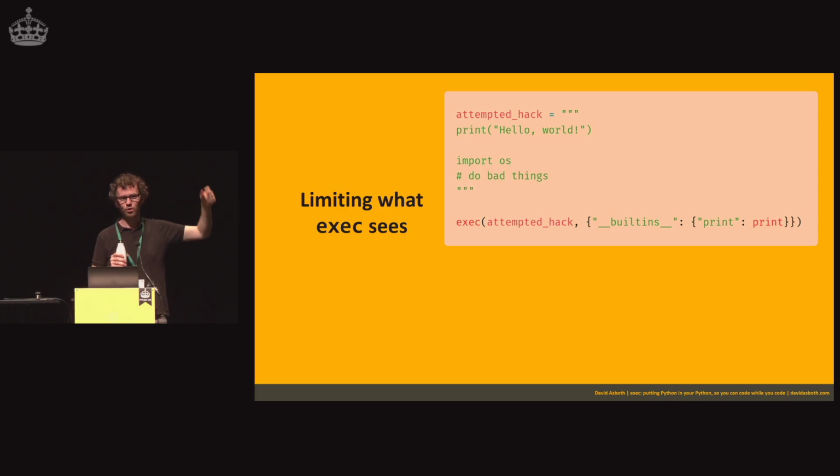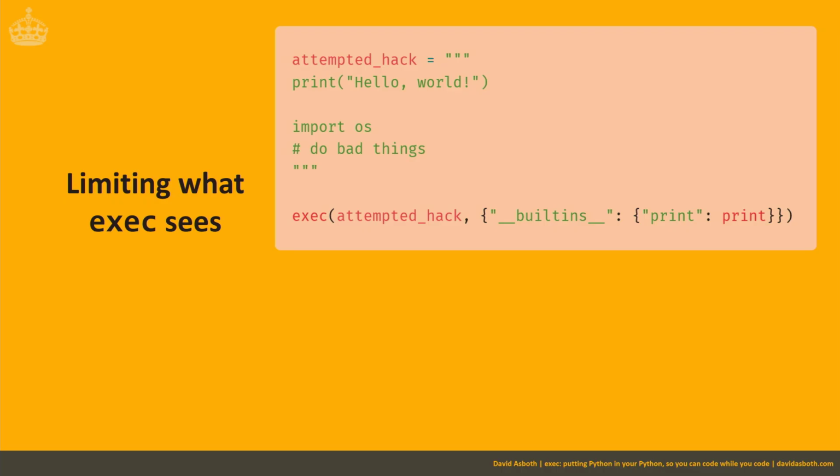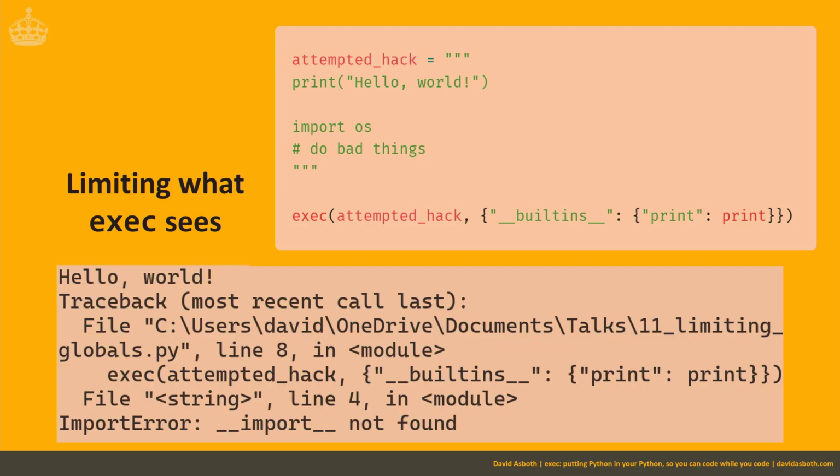And when the user calls the print function inside this dynamic code, then just call the regular print function, but nothing else. So when the code is executed and someone's trying to use a built-in method that isn't in our custom dictionary, we'll get an error. That even works for importing.